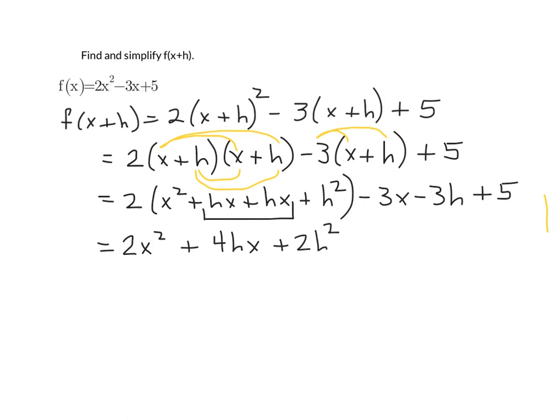So distributing the 2 through that big set of parentheses will give you 2x squared plus 4hx plus 2h squared. And then we still have minus 3x minus 3h plus 5. And that's it. That's as far as we can go on this particular problem with finding and simplifying f of x plus h.